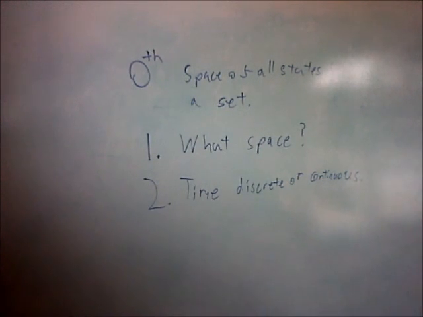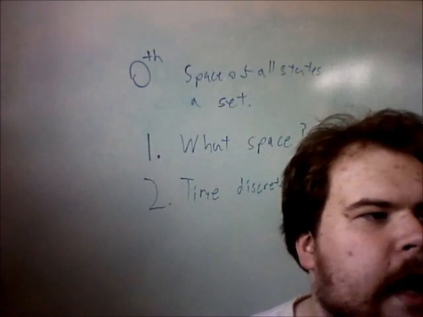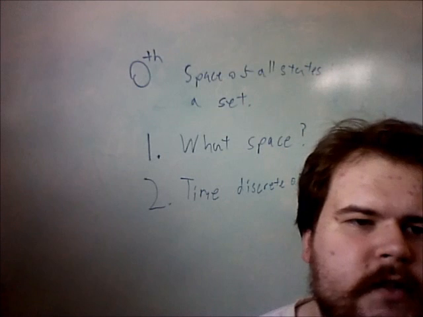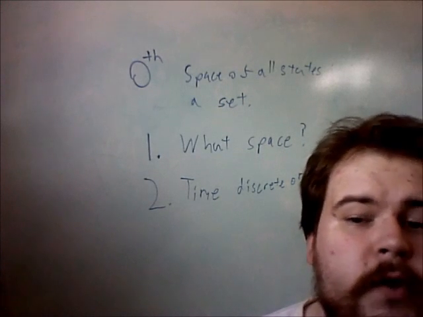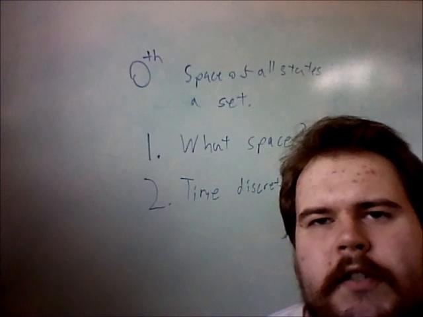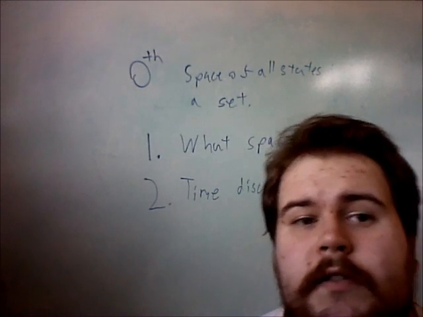Continuous time would be where I could say, what is the state of the system at time t equals 0? Then I could say, what is the state of the system at time t equals 0.001? Then what is the state of the system at 0.001006?